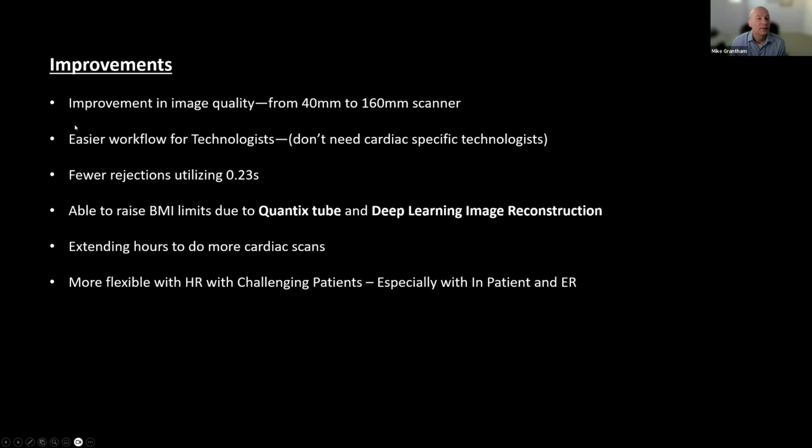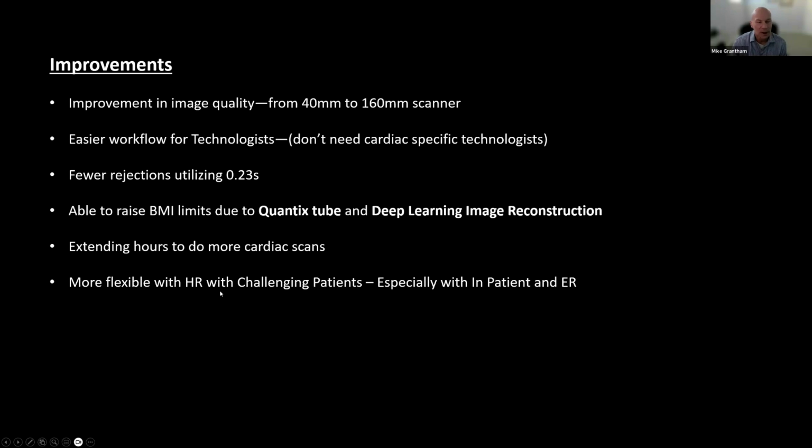So yes, we've really noticed improvement when we went to 40 to 160, and now upgrading our 160 has really improved things as well, especially now that we have the better tube and the higher temporal resolution. I feel we have fewer rejections when we send our studies off for fractional flow reserve.